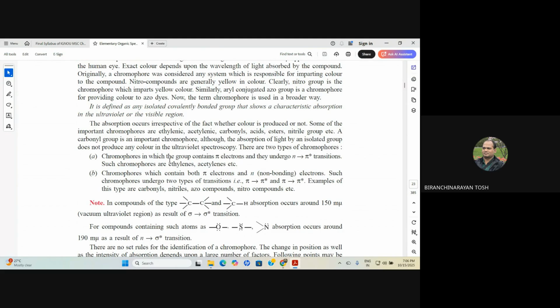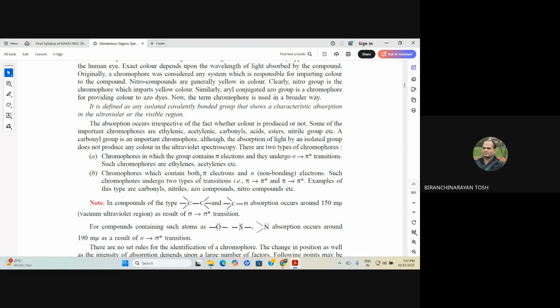Chromophores in which the group contains pi electrons undergo pi to pi star transition, such as ethylene or acetylene. Sorry, they undergo pi to pi star. There is a mistake, and the book is also the same; they have not corrected this one. They undergo pi to pi star transition, not n to pi star.